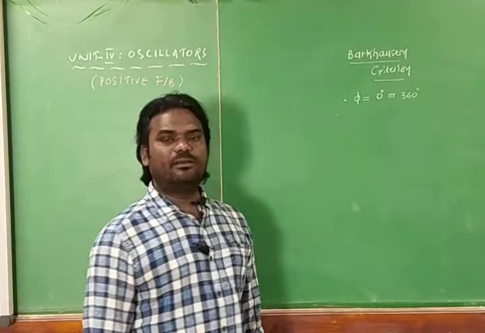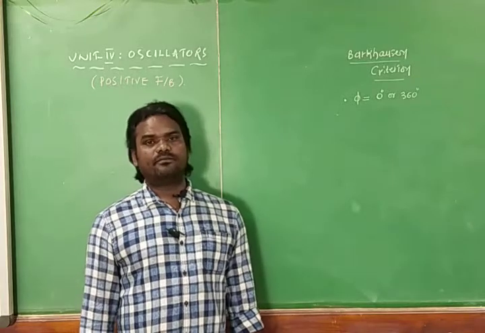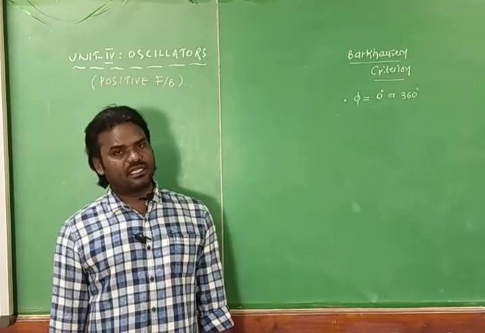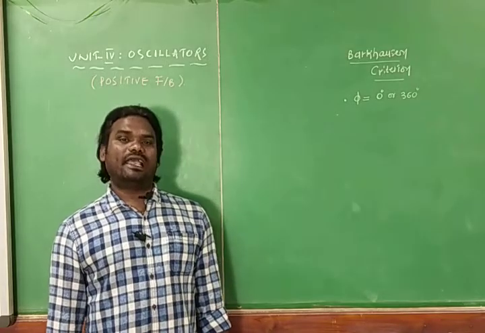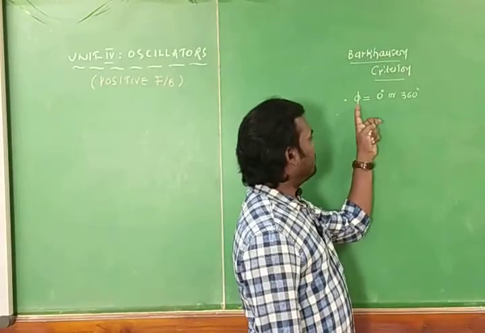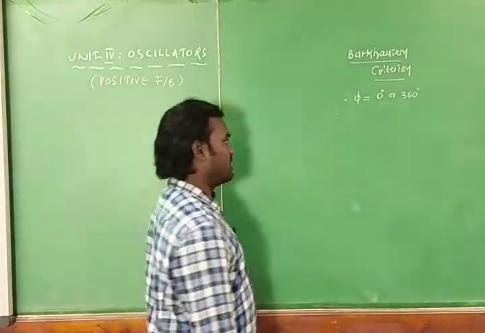In the positive feedback, the source signal Vs and the feedback signal Vf are both in phase, so the phase difference between them is either 0 degrees or 360 degrees. That is the first point.